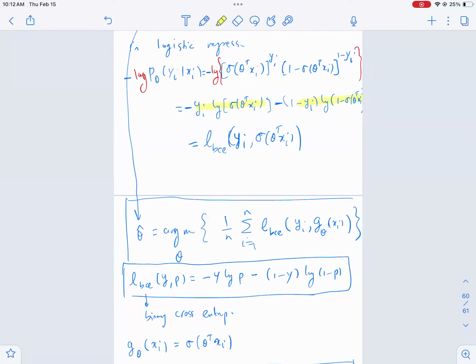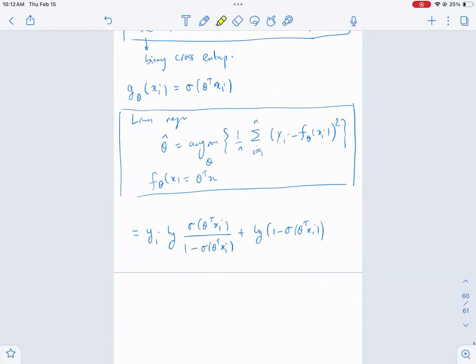What else can I do? I'm not going to simplify this at this level, it's easier to just work with this. So simplification, let's clear this.